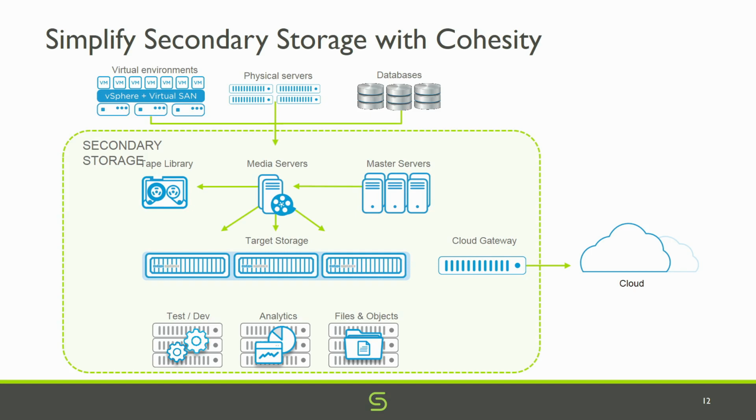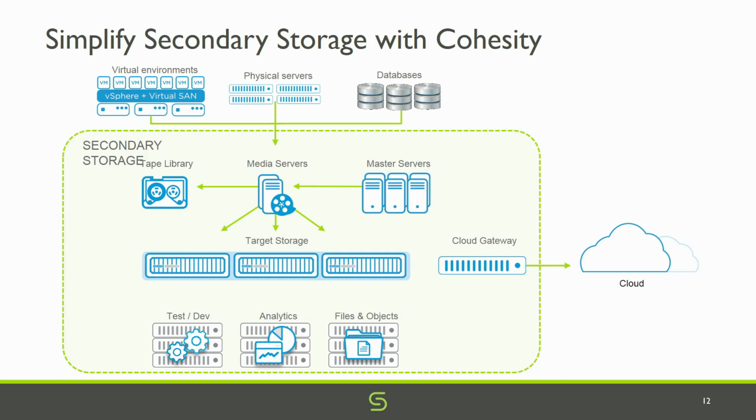But underneath that is where we see all of this complexity. If you're doing backups, typically you're going to have a media server to pull the data off of production systems, right? There's typically going to be a master server to manage that process. Those systems have to send the data somewhere, and that's typically going to be on dedupe storage like a Data Domain, for example.